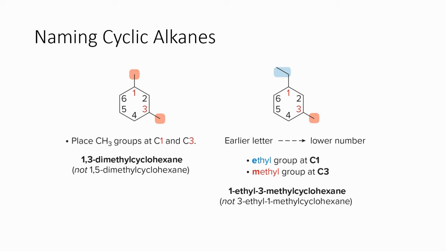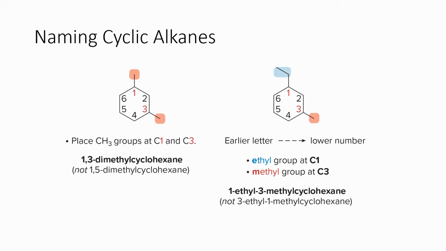Okay, and then if we have two different substituents, an ethyl group and a methyl group, we're going to pick the ethyl group as our first group at the number 1 spot, because ethyl comes first in the alphabet, and then we're going to go to methyl. And again, we want to number so the second substituent is at a smaller number, because there's two ways to go.